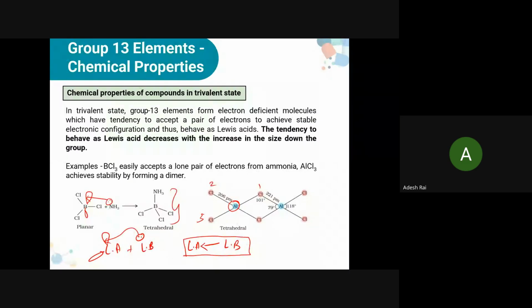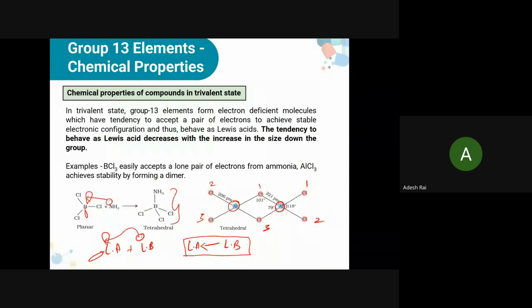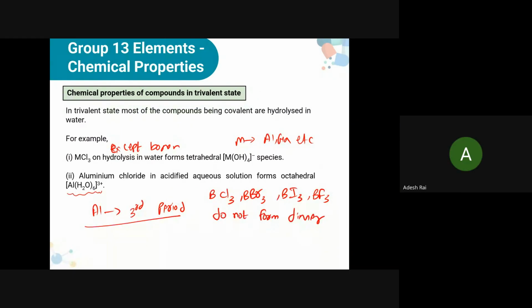Here also aluminum, then 1 Cl, 2 Cl, third Cl, Al2Cl6. Can you see this? Aluminum can undergo dimerization. Why not boron? I just want to know the reason. Because of boron's small size.